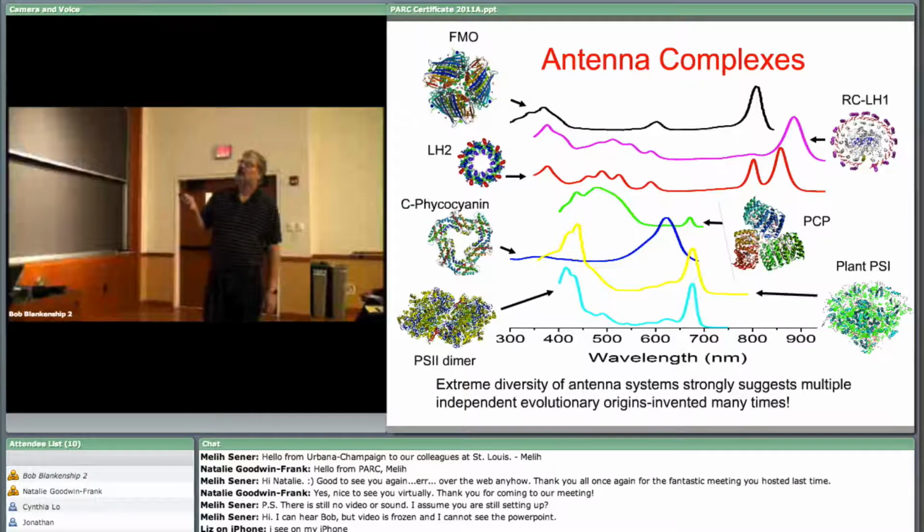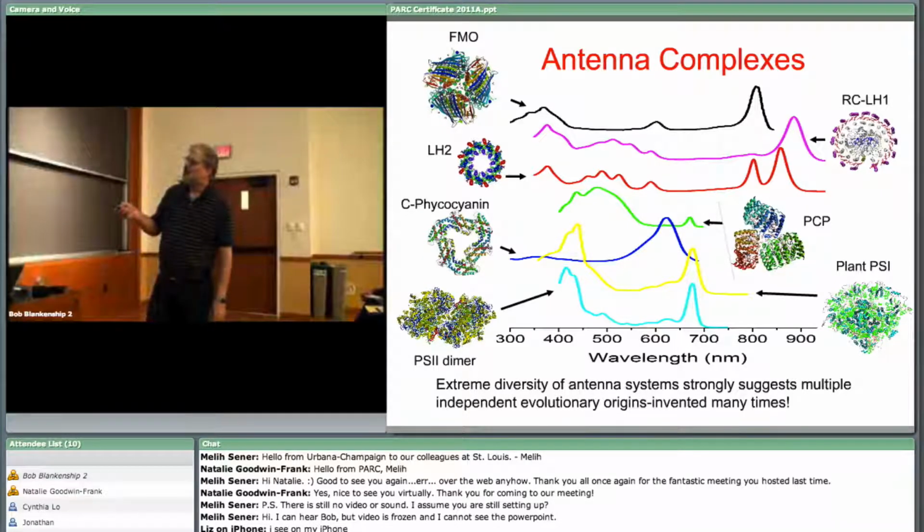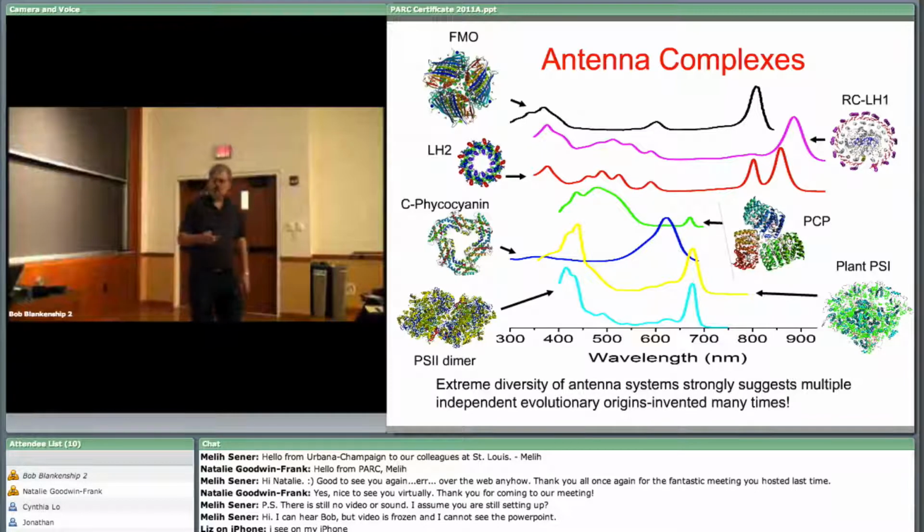These are found in types of bacteria whose light actually drives at significantly longer wavelengths. The ones that are perhaps most familiar, involved in plant photosynthesis, are shown here at the bottom, and those are complexes that contain a lot of pigments. They also contain proteins, and together they do this process.